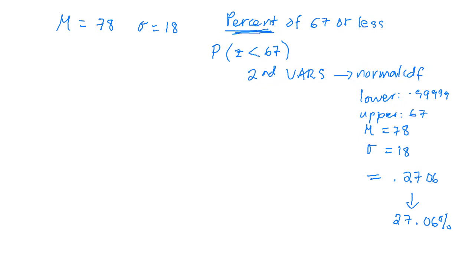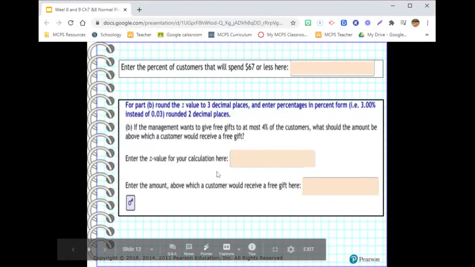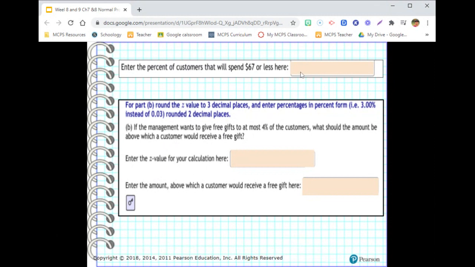Question, part B. Go back here. So we have this already: the percent of customers that will spend, which is 27.06.